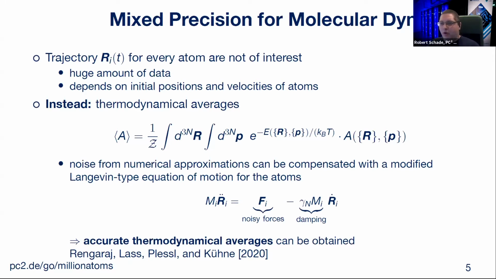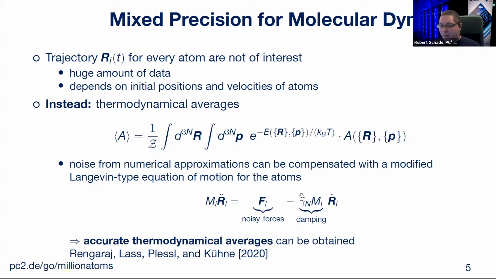And they can be performed by doing suitable molecular dynamics calculations. Here one can also show that the noise from the numerical approximations from mixed precision operations can actually be compensated with a modified Langevin type equation that's given down here. So additionally to the normal Newton type equation, where we have mass times acceleration equals forces, in our case these are now the noisy forces that stem from the approximate calculation with lower precision.